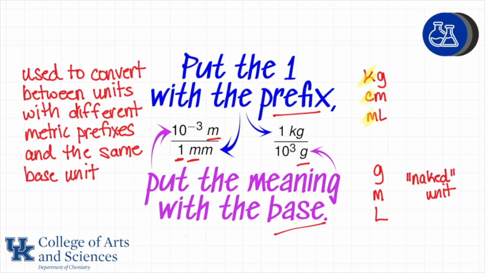On the other one, I have kilograms, so I put the 1 with the prefix, the unit that has the prefix in it, and put the meaning with the base. In this case, 10 to the third is the meaning of kilo, so I put that with grams.